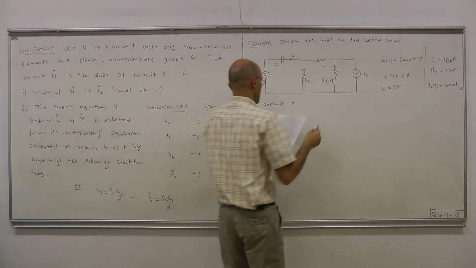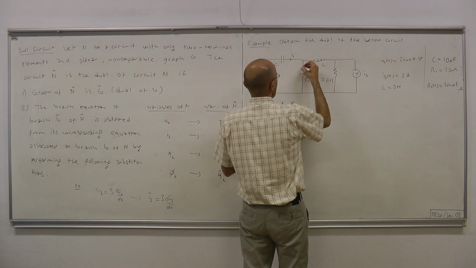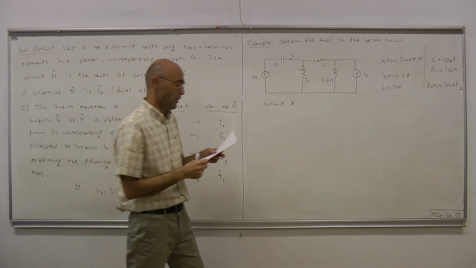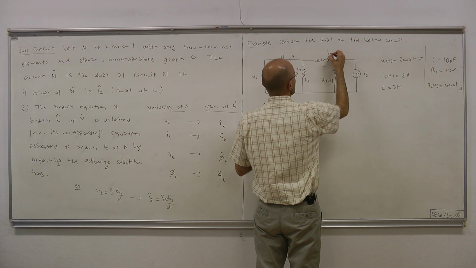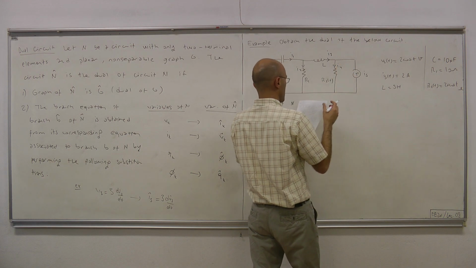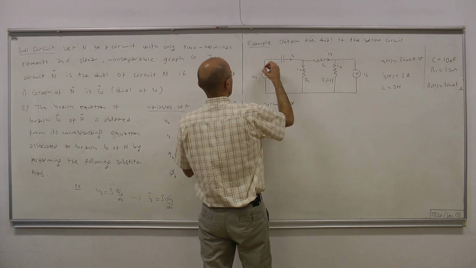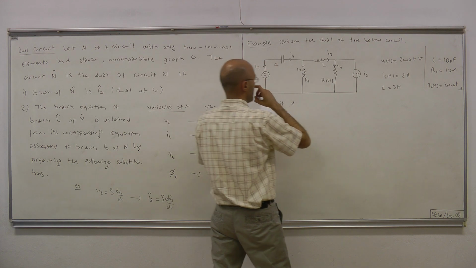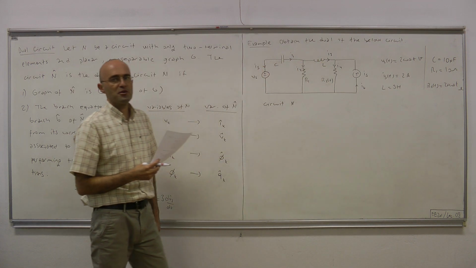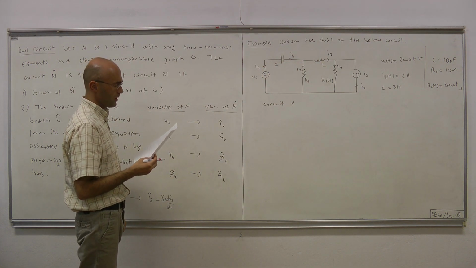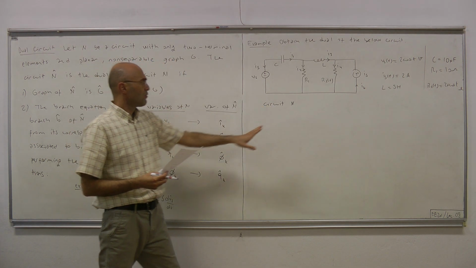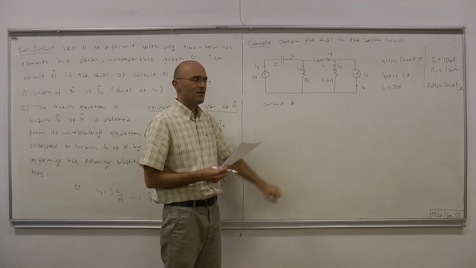So that's I1. Let this be I2. Directions are just arbitrary. This is I3, let's say. This I4, let this be I5, and suppose that this is our last branch, number 6, then I6. This is the circuit, and now the procedure here is, from the circuit we will obtain the graph.